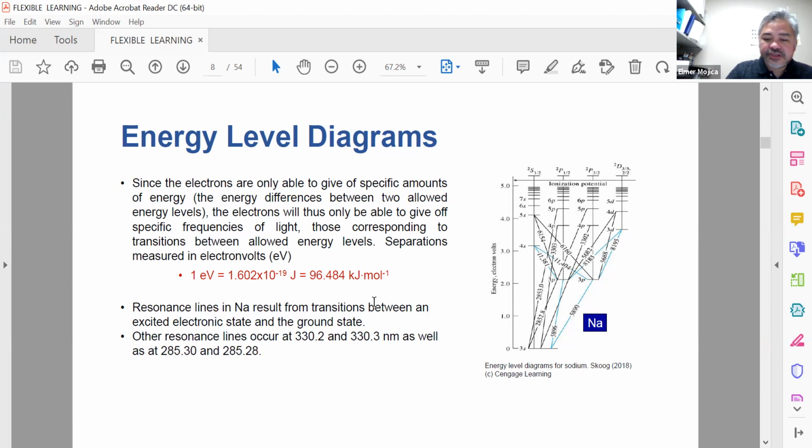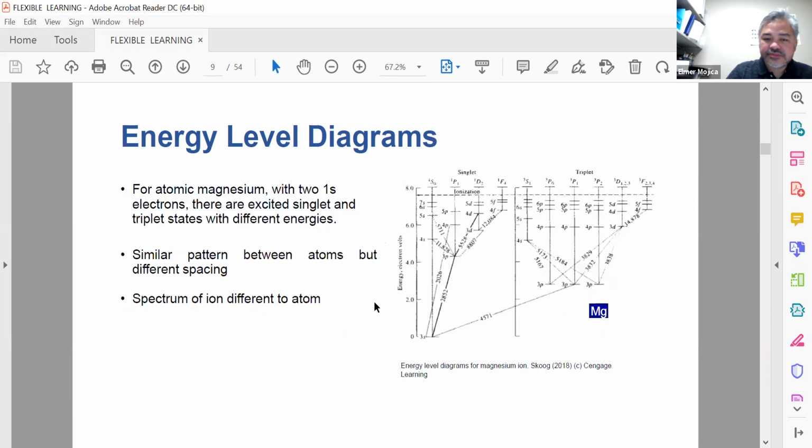If we look at another example, we can look at atomic magnesium. There are two 1s electrons, and these are excited to singlet and triplet states with different energy. So you have here the singlet and the triplet.